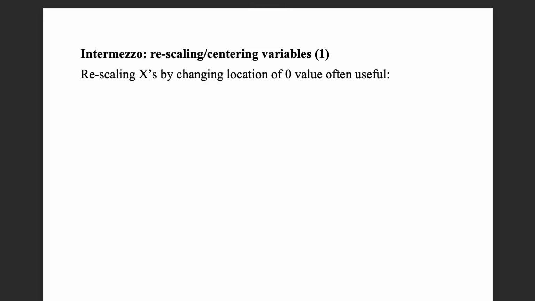Well, often if you do regression models and also many other types of statistical analysis, it can be quite useful to rescale, so change the scale of your x variables by changing the location of your zero value on that scale. So changing which value on your x variable is represented by the number 0.